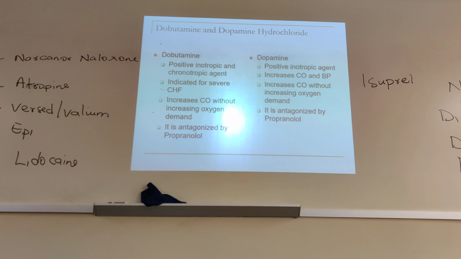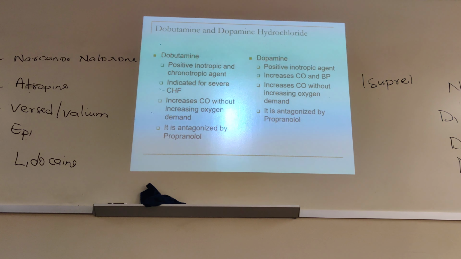And here is dobutamine. Okay? It's a positive inotropic agent and chronotropic agent. It can increase your heart rate as well as increase the strength of myocardial contractions. It is a very good drug for patients that have CHF. It increases cardiac output without increasing oxygen demand. The antidote, the antagonist for that is propranolol, which is Inderal.